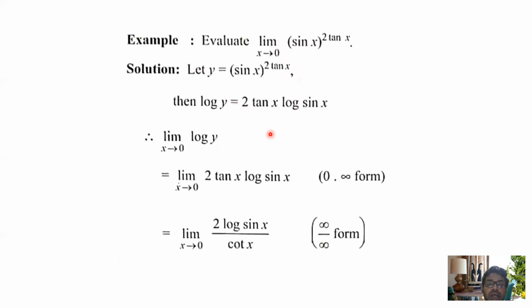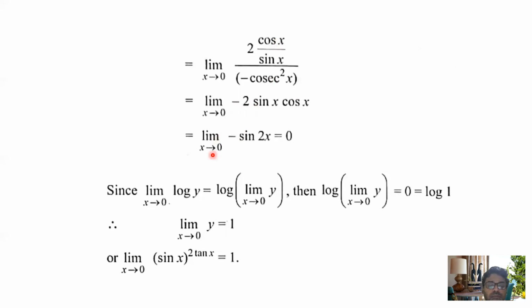that is, limit x tends to 0 of minus 2 sin x cos x, ultimately 0. So from here it is clear that limit x tends to 0 of log y equals 0. Now limit x tends to 0 of log y equals log of limit x tends to 0 of y.